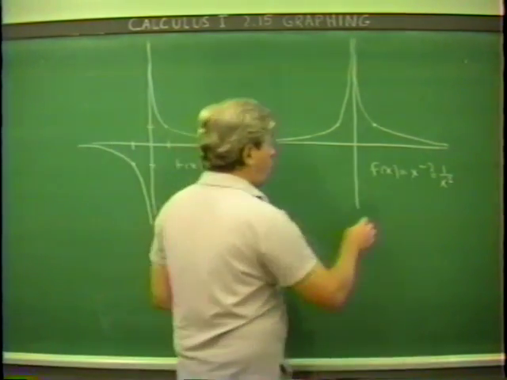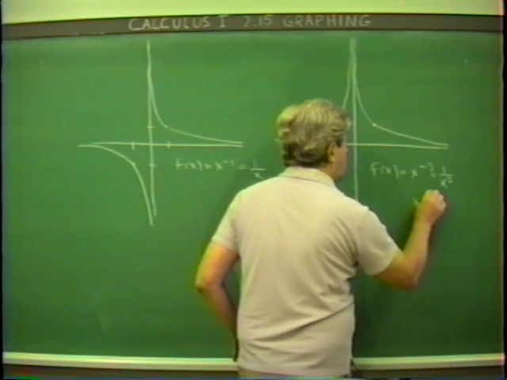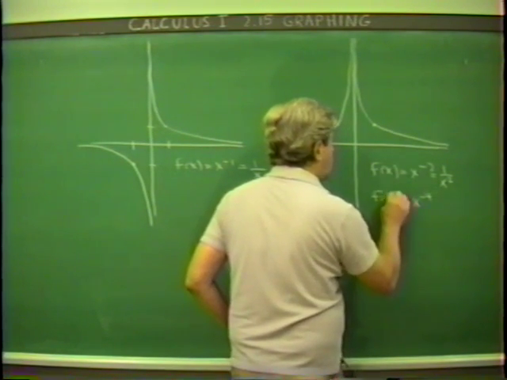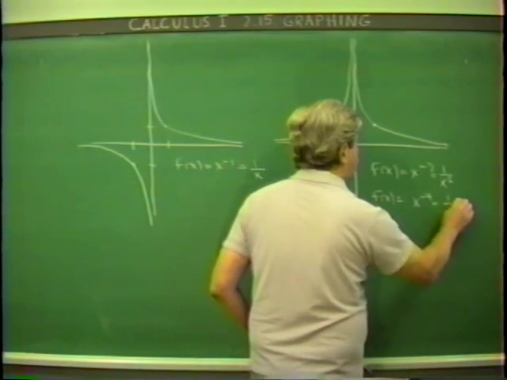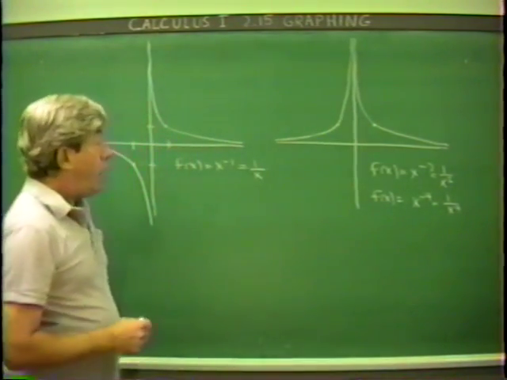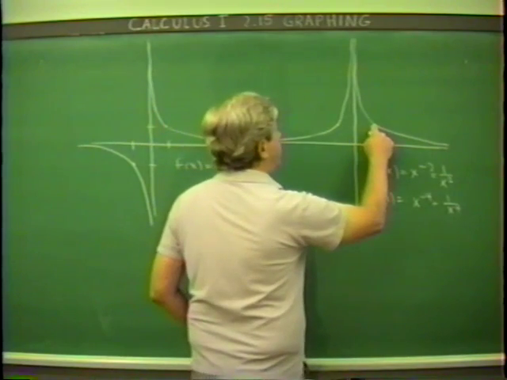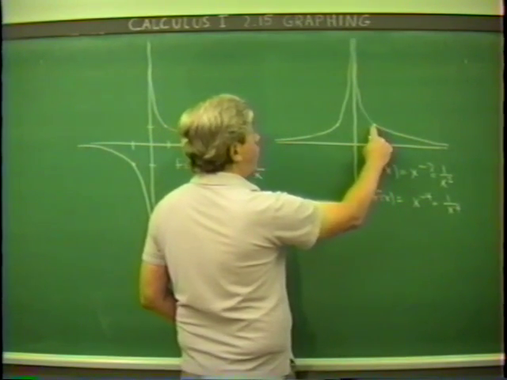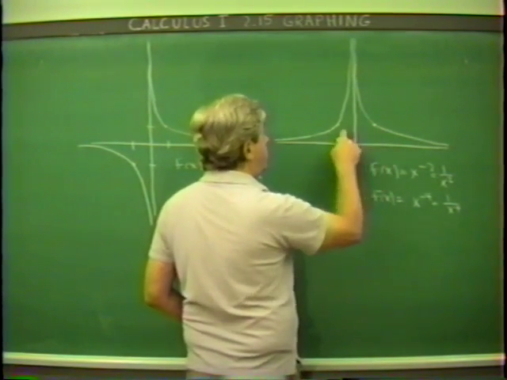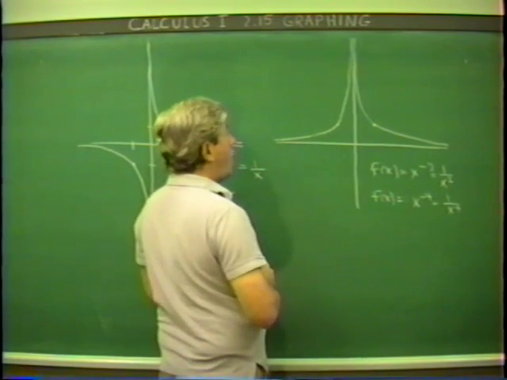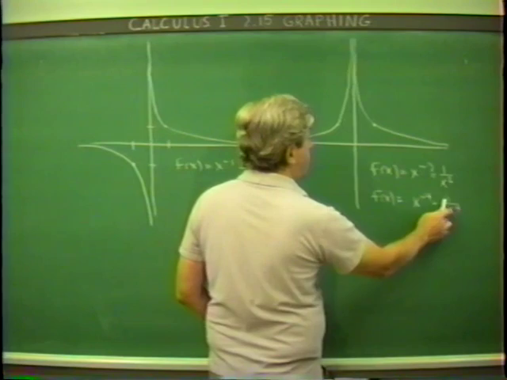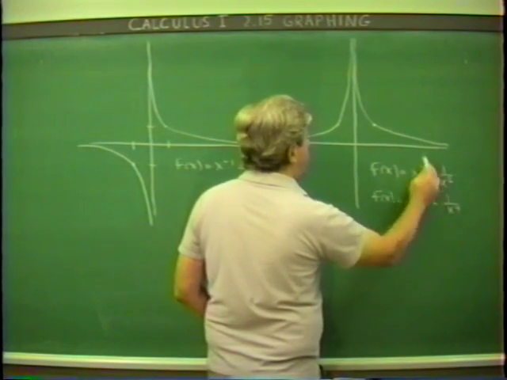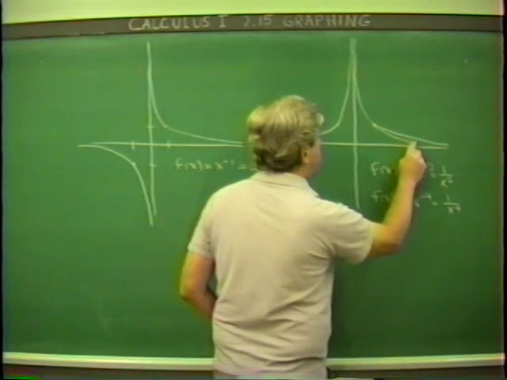X to the minus 4, or 1 over x to the 4th, has a similar graph. It's going to be 1 at 1 and at minus 1. It's also going to be symmetric about the y-axis. When x gets large, this quantity is smaller than 1 over x squared and looks like this.